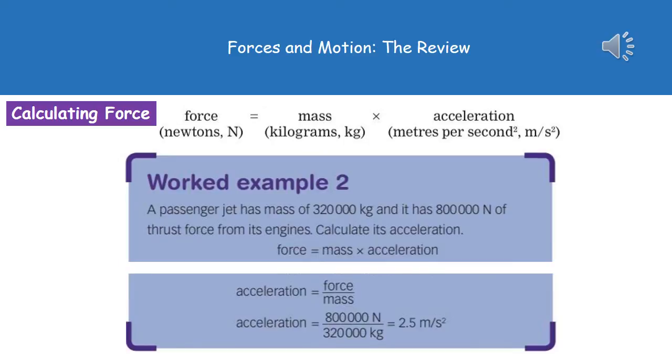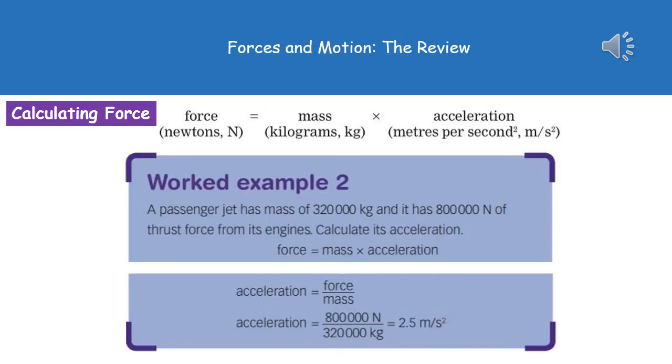If you're asked to work out something that requires you to rearrange the equation, remember the easiest way to do that is to use the triangle. An example of the kind of question I might ask you is: a passenger jet has a mass of 320,000 kilograms and it has 800,000 newtons of thrust force from its engines. Calculate its acceleration.